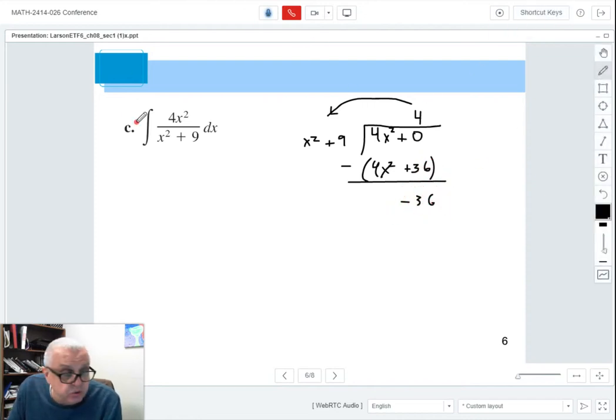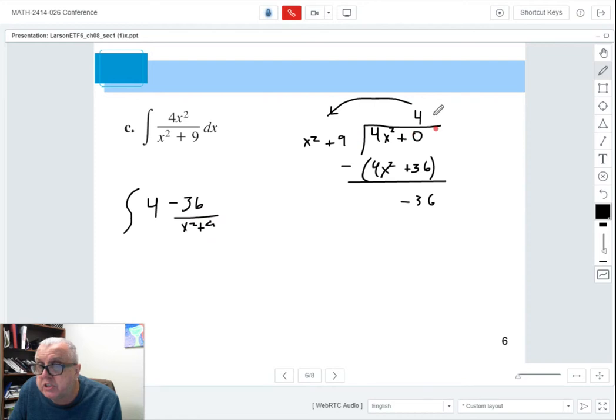So when I do long division on this thing, I end up with 4 minus 36 over x squared plus 9. Remember, this is 4 with a remainder of negative 36. Another way of writing that from algebra is 4 minus 36 over the divisor, x squared plus 9.